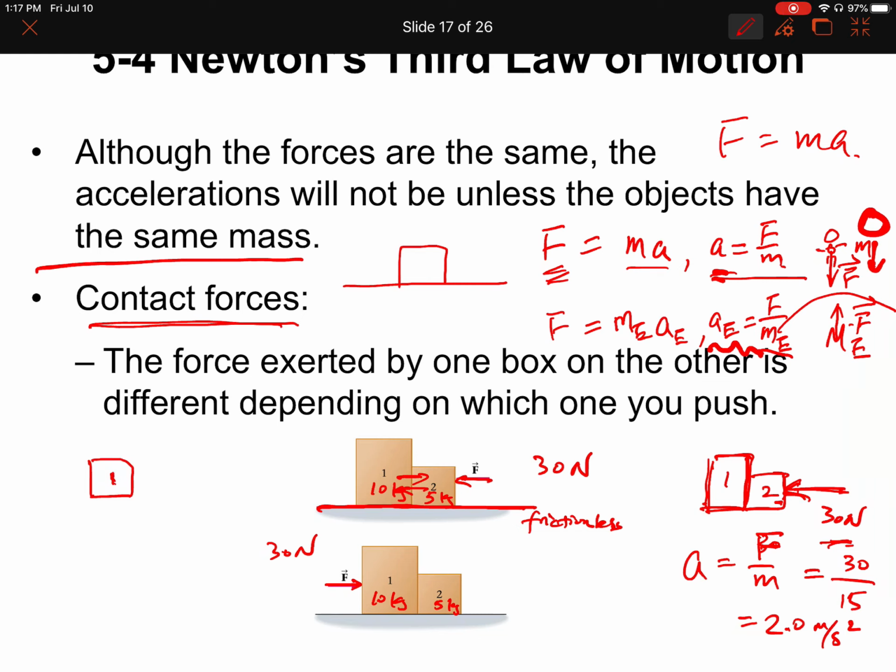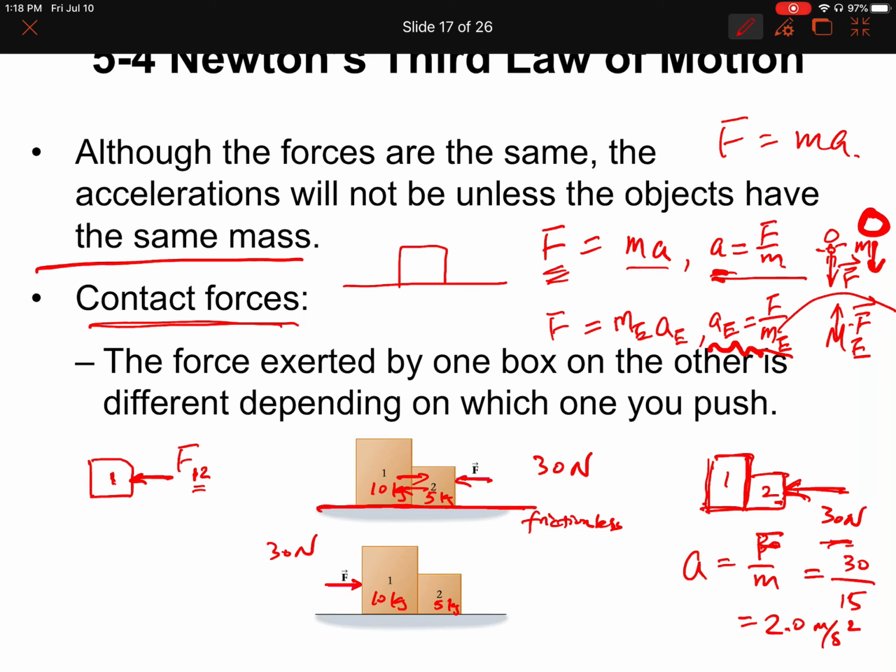If you look at object 1, there's only one force, that is the force from 2 on 1. The label here means contact force from 2 on 1. So you put a 1 first, and then tell the source of the force is 2. That's the only force you have on object 1.